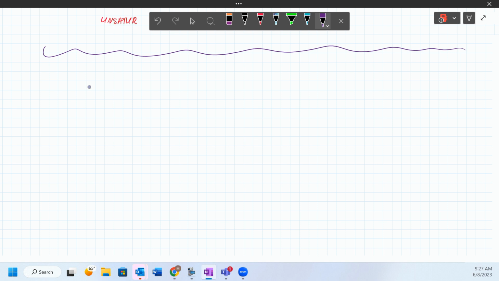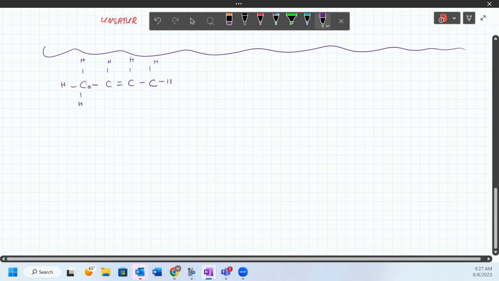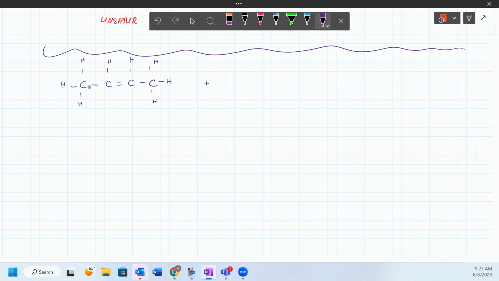Let's suppose that we have again butene, and then I will just draw hydrogens here so that it makes sense, and I will draw them with different colors when we are doing the addition, the replacement.